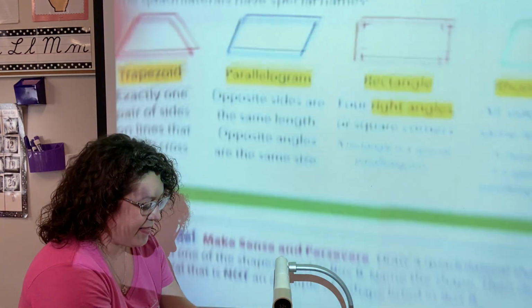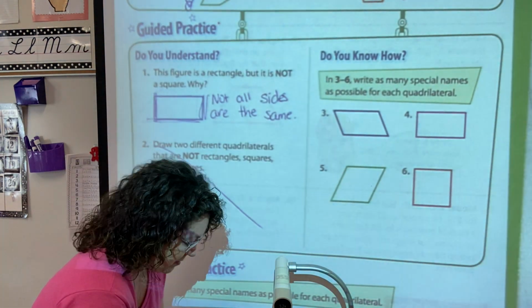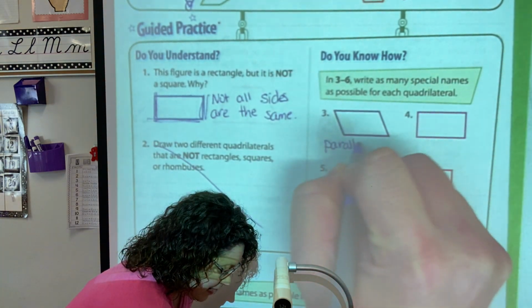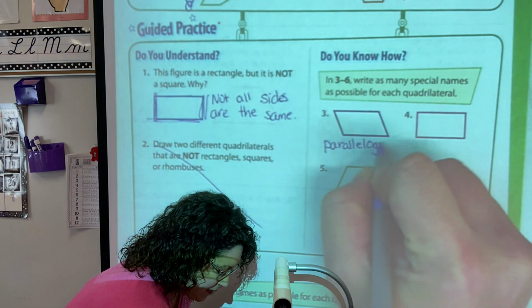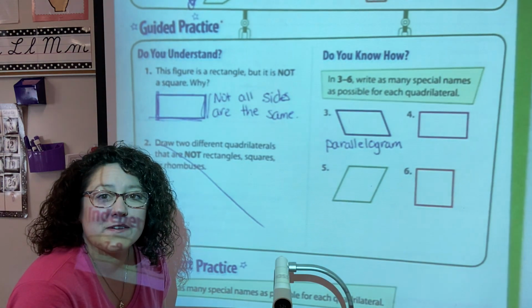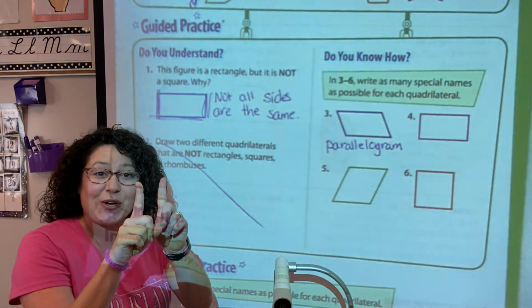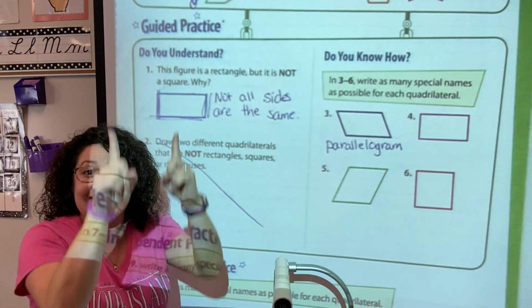I can see that that is a parallelogram. Parallelogram. And my little trick for spelling that long word is that it has 2 L's in the middle of the word, and those 2 L's are like parallel lines. They'll never cross.